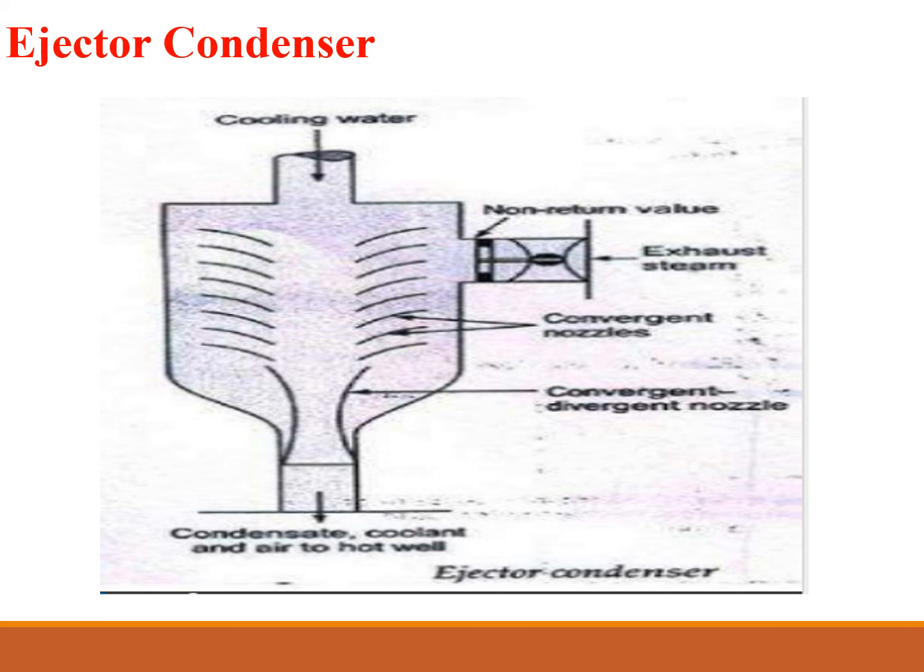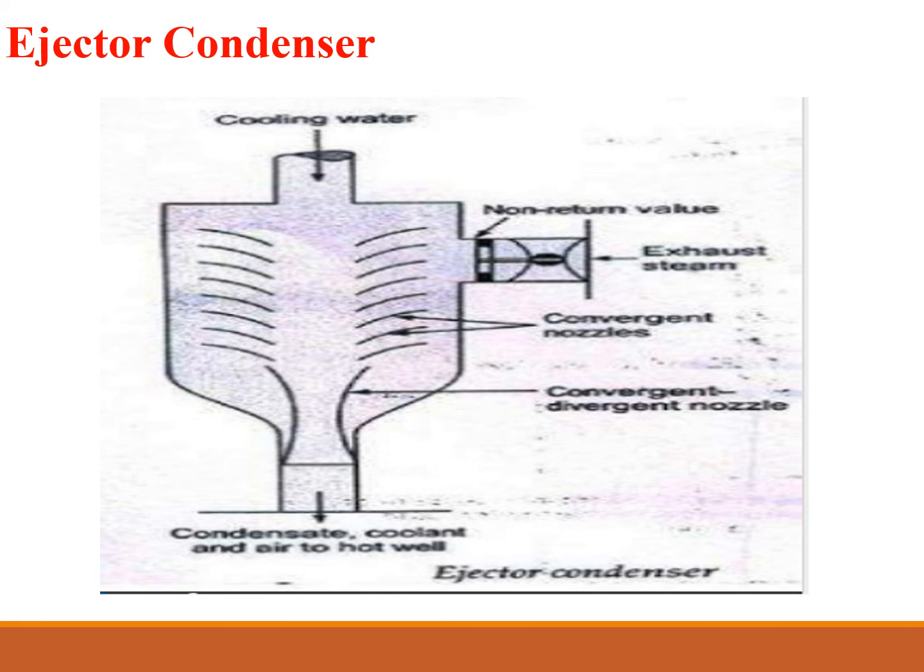The condensate and air then pass to the diverging cone, where the kinetic energy is partly transformed into pressure energy, so that the condensate and air are discharged into the hot well against the pressure of the atmosphere.